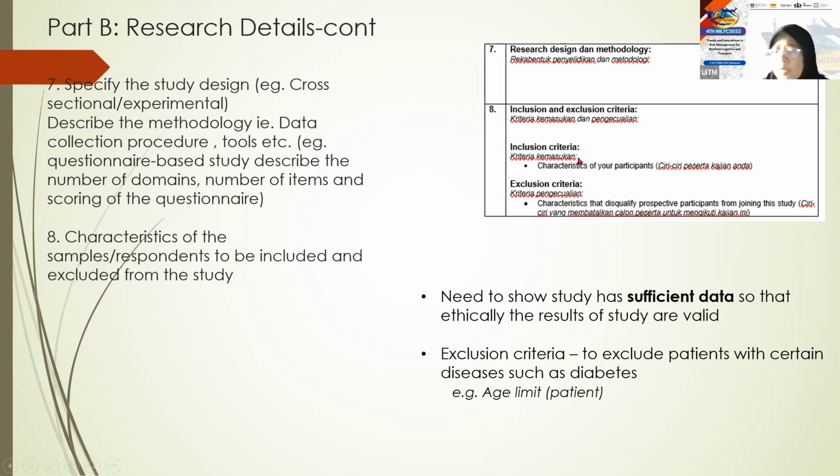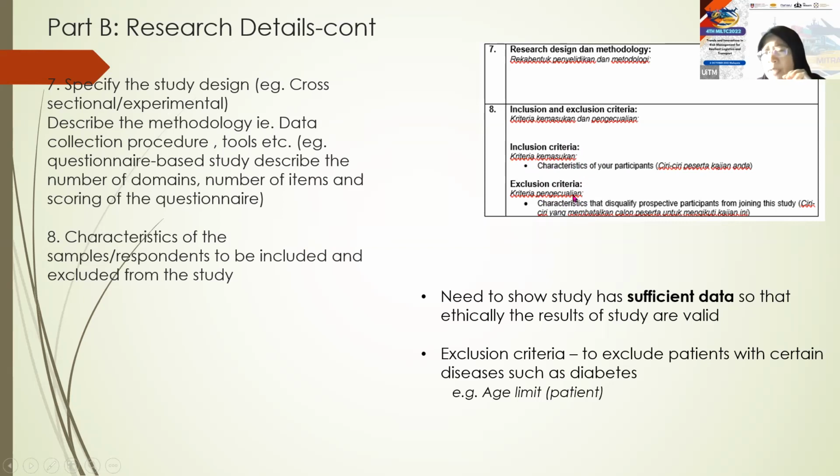Let's say the interviewees are the top management or the experts within a certain field. Then you put in here the characteristics of your participants, the inclusion criteria. Exclusion criteria would be those who will not fit into the characteristics of your potential respondents.